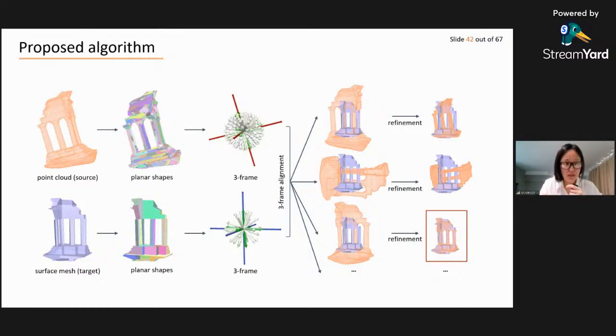But if the point cloud comes with noise and outliers, and is not uniformly sampled, like imagine on the tip of the temple they are densely sampled, but on the base there is almost nothing, then the distribution would differ from the one using planar shape detection, because what we hope to benefit from in the planar shape detection step is its robustness to noise and outliers.